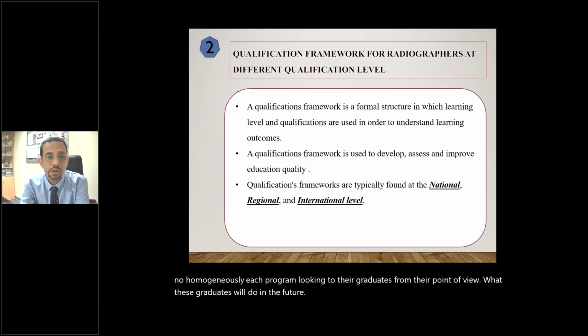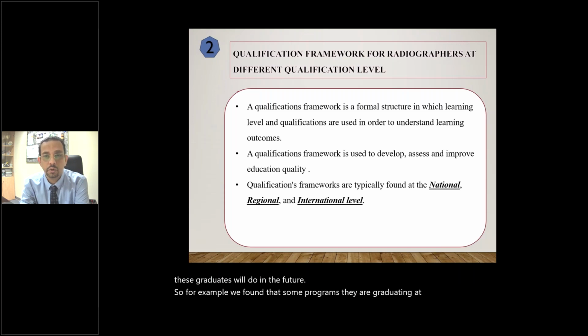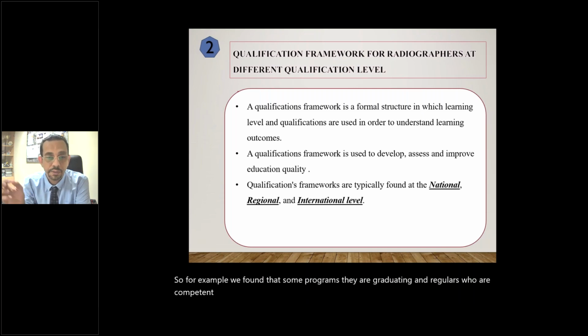So, for example, some programs graduate radiographers who are competent only, and when I say competent, I mean 100% competent in general radiography.